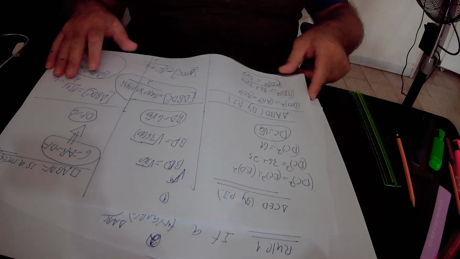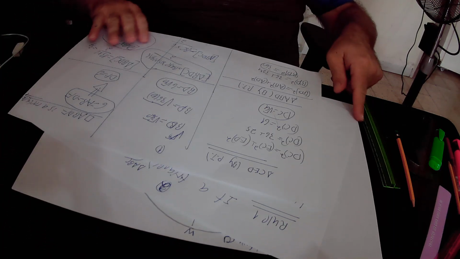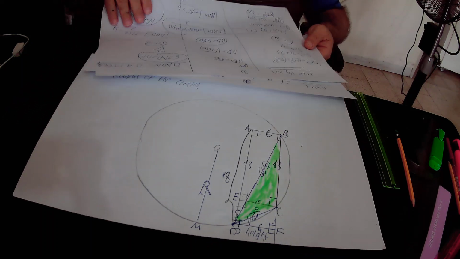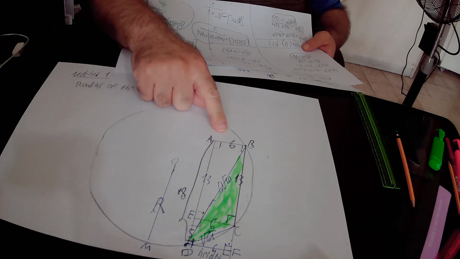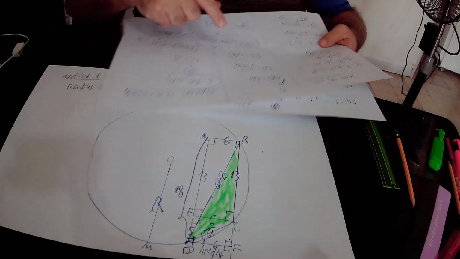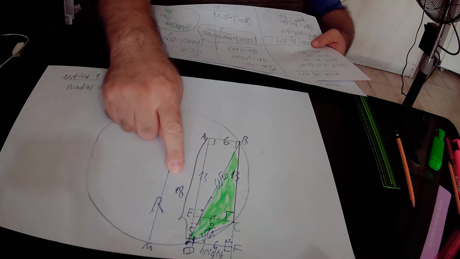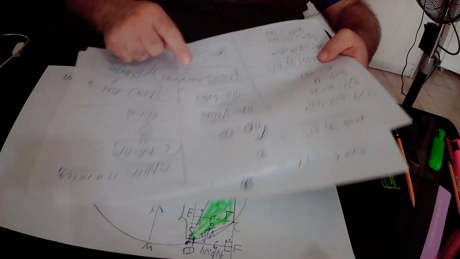So BD square, that is the square of the hypotenuse, must be equal to AB square. AB equals 6, therefore AB square equals 6 squared, that is 36, plus AD square. AD equals 18 units, therefore AD square equals 18 squared, that is 324.